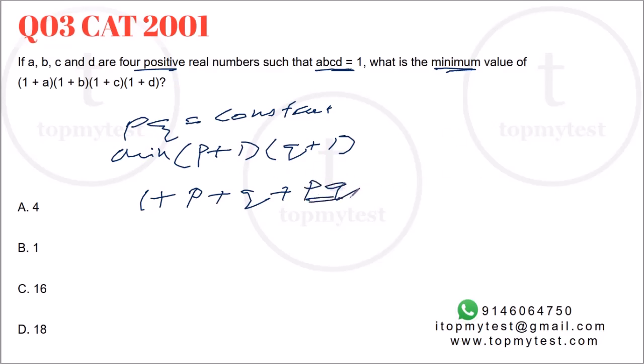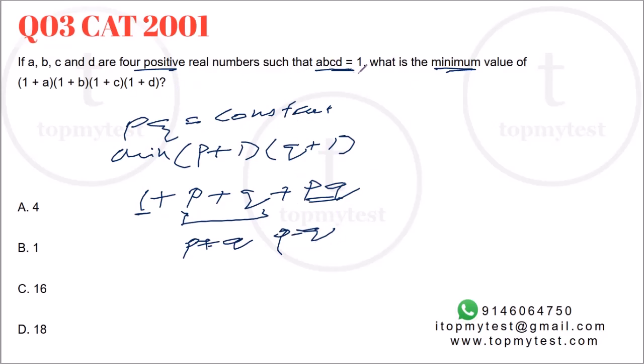Now this is a constant I cannot change. This is a constant I cannot change. So the minimum value of this expression will be when P + Q is minimum. P + Q, the minimum will be when P is equal to Q is equal to the square root of PQ, which means when P is equal to Q, you will get the minimum value of this expression.